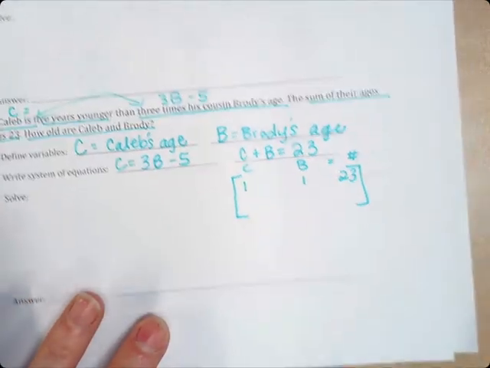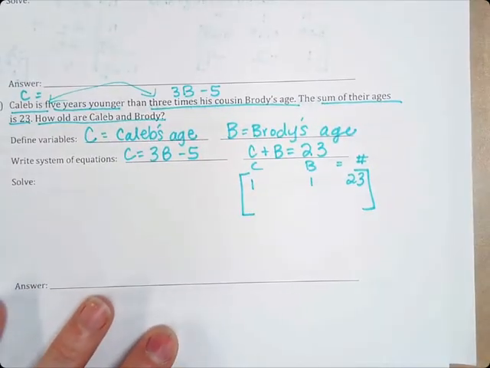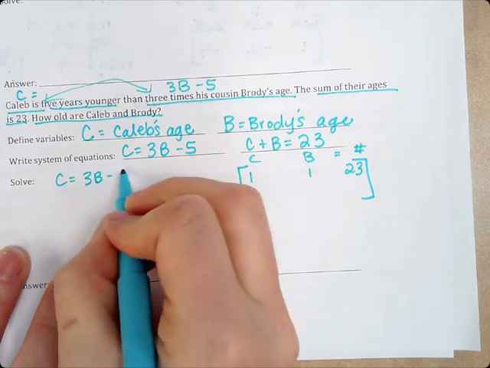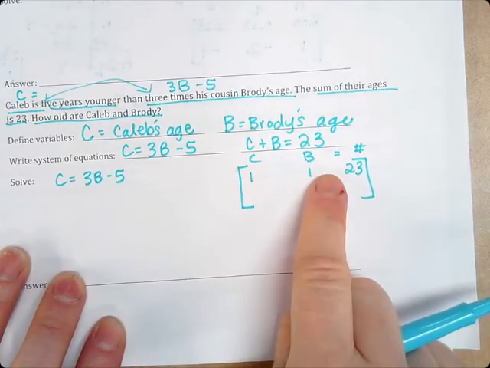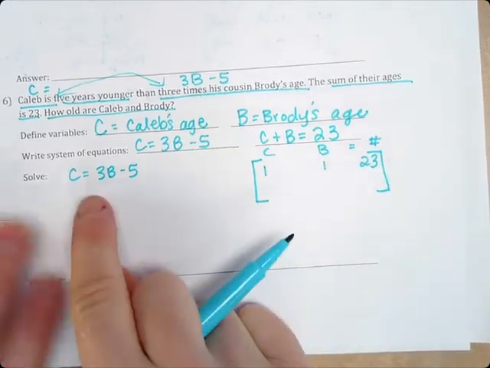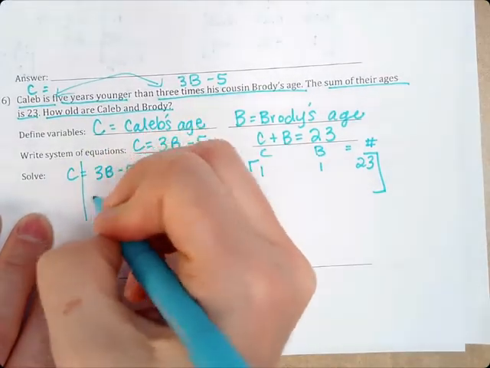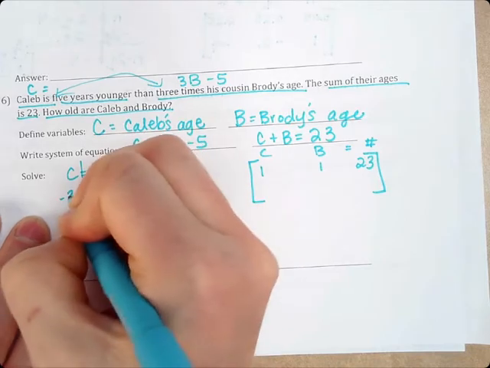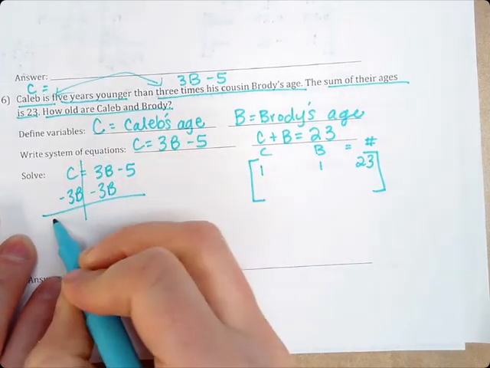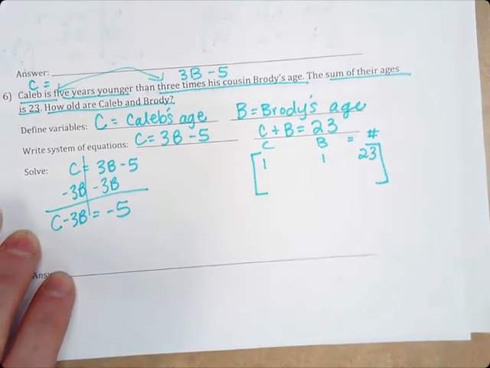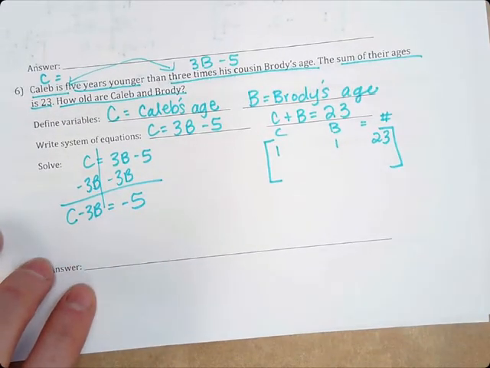But the other one, C equals 3B minus 5. I need it to be in C, B equals a number. So how do I rearrange this so it's in C, B equals a number? Yep, subtract 3B. So C minus 3B equals negative 5. So it's in the right order. C, B equals a number.